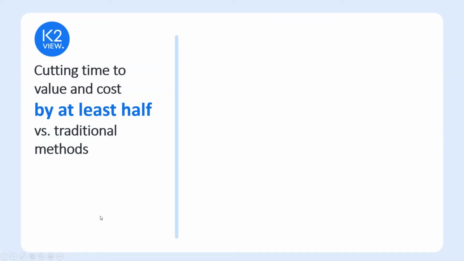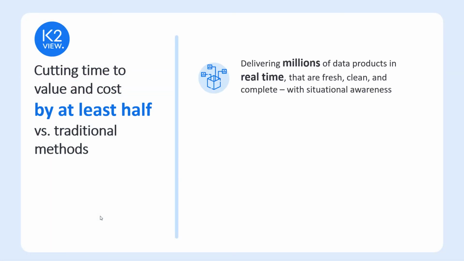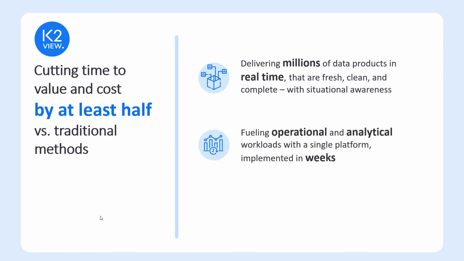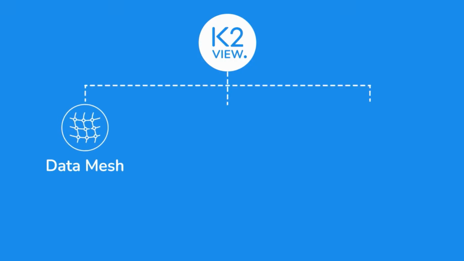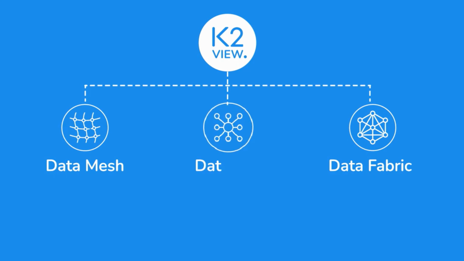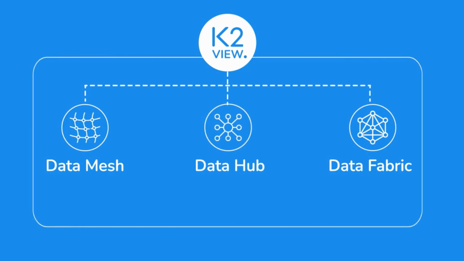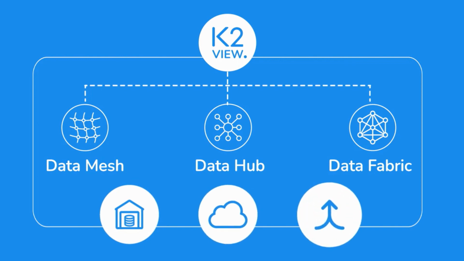The K2View platform is scalable to support hundreds of millions of persisted or virtualized microdatabases concurrently. It fuels operational and analytical workloads and facilitates a common language between IT and business. It can be deployed in a high-performance data fabric, data mesh, or data hub architecture, on-premises, in the cloud, or across hybrid environments.